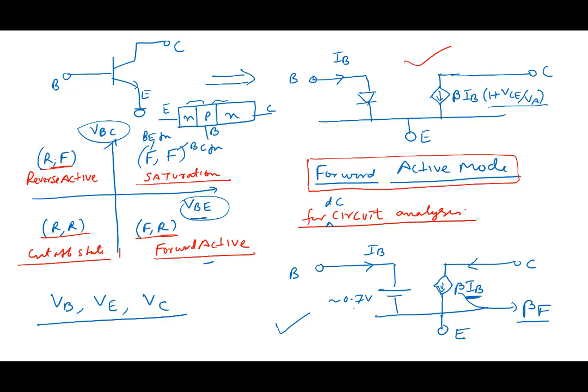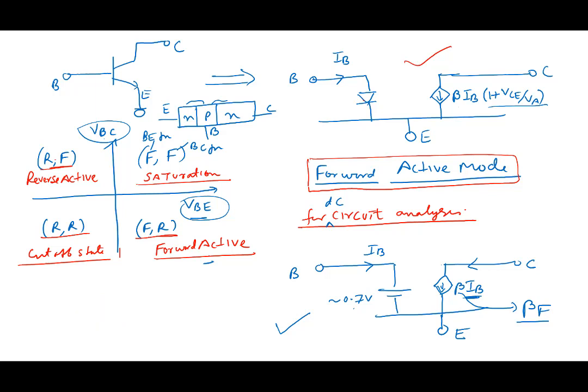Now, this is forward active, for base-emitter junction forward bias and collector-base junction reverse bias. If I were to draw the circuit for reverse active, what will I get? Just by analogy, we've already done this, so what will we get?